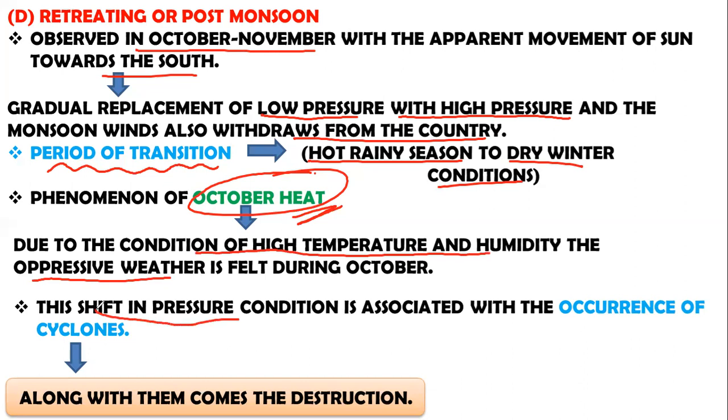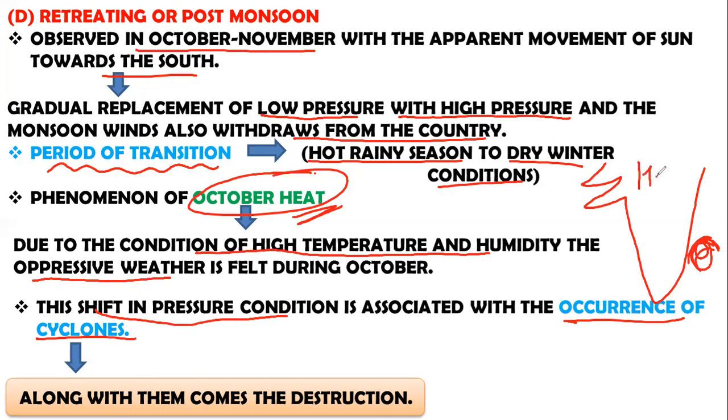Now, this shift in pressure conditions is associated with the occurrence of cyclones as well. When the monsoon winds are retreating and there is a transition period, cyclones occur in the Bay of Bengal. Now there is high pressure over the Indian landmass and low pressure over the Bay of Bengal.